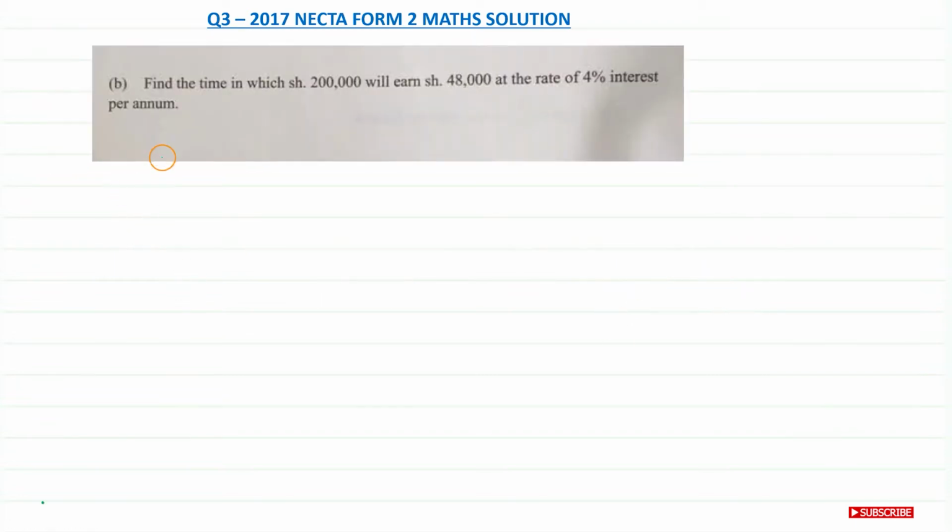Now question 3b, we're asked to find the time in which 200,000 shillings will earn 48,000 at the rate of 4% interest per annum. So your initial investment is 200,000 shillings. And we are going to earn 4% per annum. Per annum means per year.